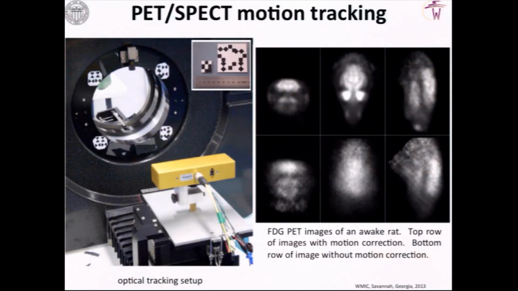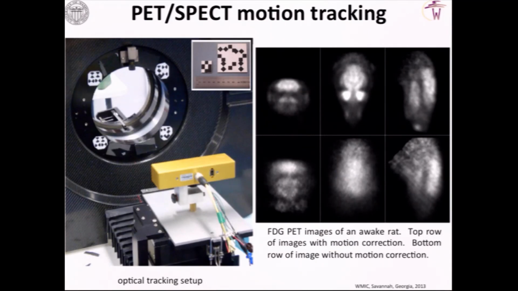One other thing I wanted to think about in terms of multimodality was PET and SPECT motion tracking. Oftentimes we think of things being really complex, but here they're doing SPECT or PET imaging, and I'm just calling this optical tracking system another imaging modality.